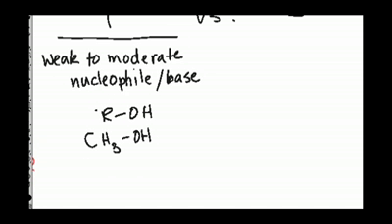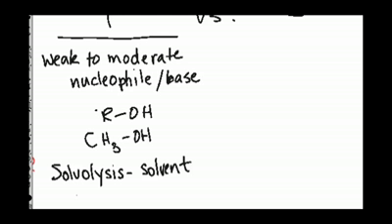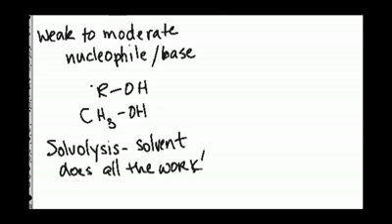attackers, so they're going to undergo what's called a solvolysis reaction. A solvolysis reaction is basically when the solvent does the work. So in this case, the solvent is the attacker, the nucleophile, the base. They're either the base or the nucleophile.